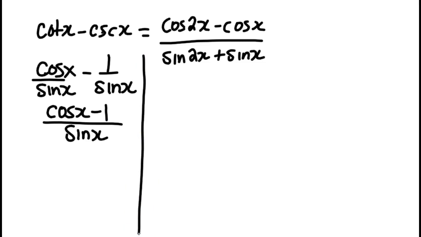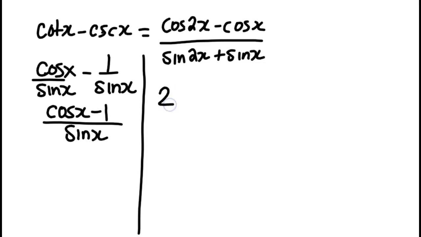Now we have this complicated side over here. And as soon as I see this cos 2x, I think of the double angle identity. So what can I switch my cos 2x to? And remember, for cos there's always 3 options. So I probably want to switch it just to a cos option. So what's the cos double angle identity?